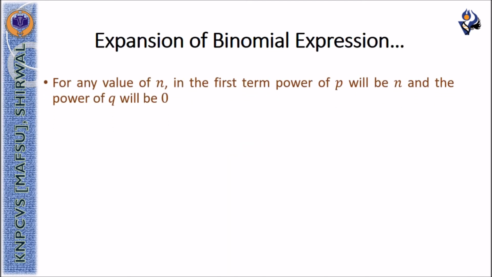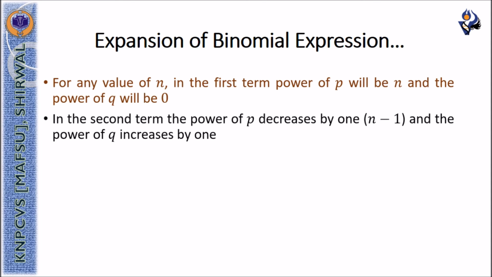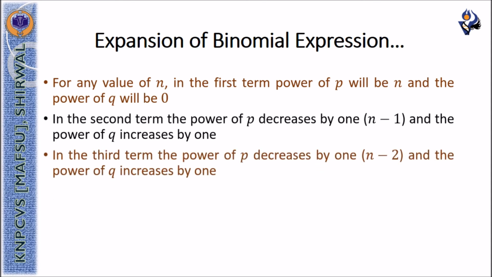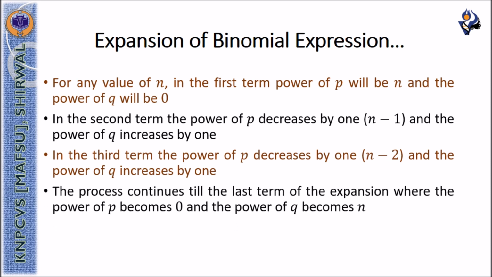For any value of n, in the first term, the power of p will be n and the power of q will be 0. In the second term, the power of p decreases by 1 and the power of q increases by 1. The process continues till the last term of expansion, where the power of p becomes 0 and the power of q becomes n.